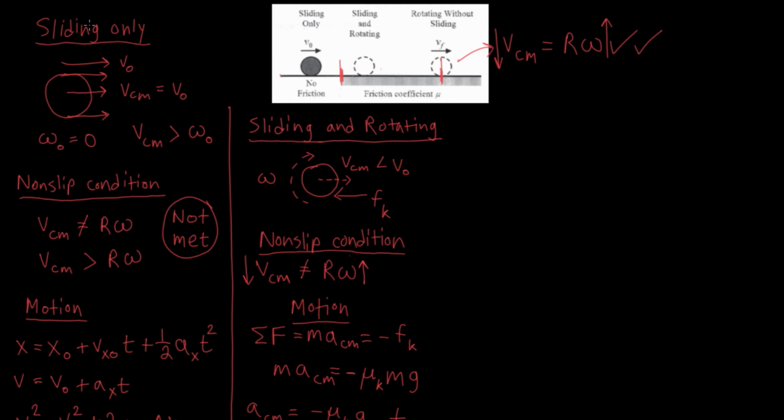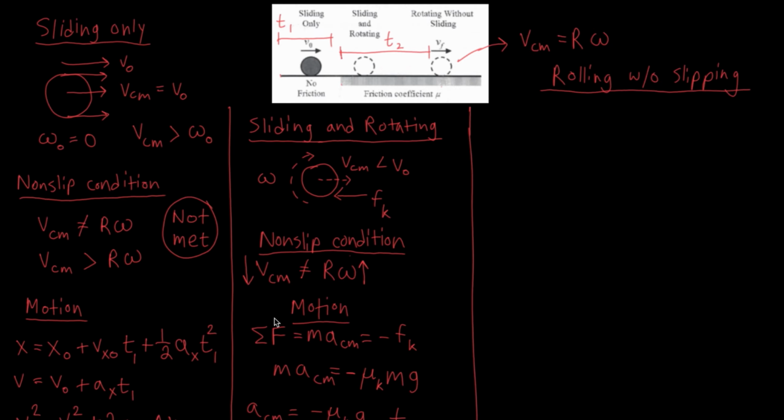The force of kinetic friction successfully decreased the velocity of the center of mass, and it successfully increased the angular speed. And it did that enough to the point at which the object could start rolling without slipping. So let's analyze that motion.